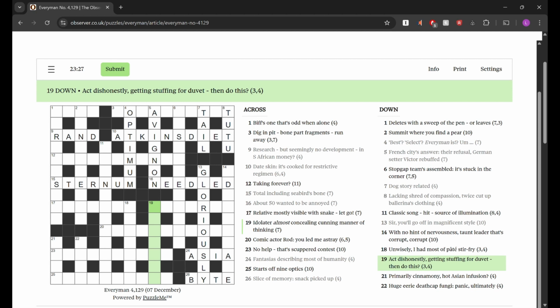Let's try and get some intersecting clues. 19 down. Act dishonestly, getting stuffing for duvet. Then do this, question mark. Like, stuffing for duvet, could that be down?